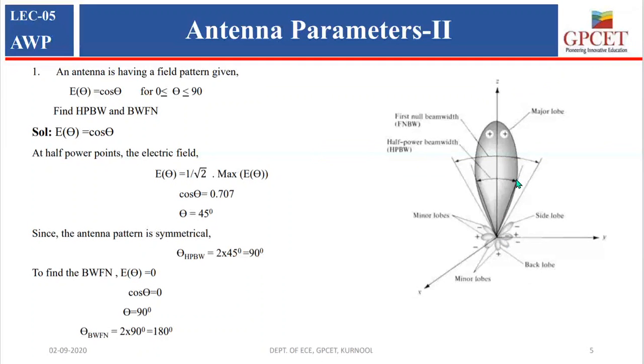On the right side there is one theta, on the left side another theta. So the half power beam width is equal to 2 times theta, that is 2 times 45 degrees, which is equal to 90 degrees.